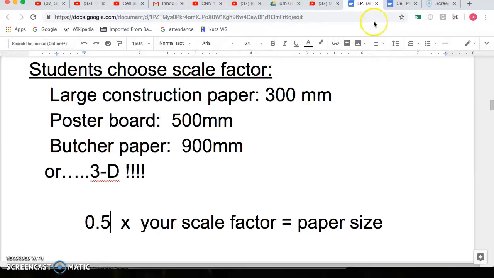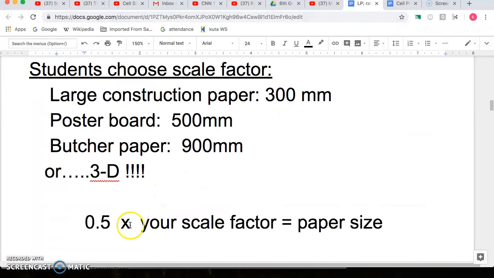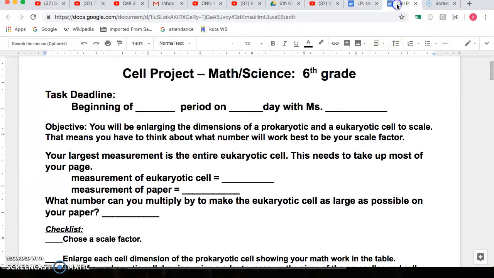So write this formula in the blank spot right here in your packet. 0.5 times blank equals your goal size, however big you want to make it. And you need to think about what goes in here so that half of that number equals your finished size. And that will be your scale factor that you put right here. And there's no millimeters, it's just a scale factor.